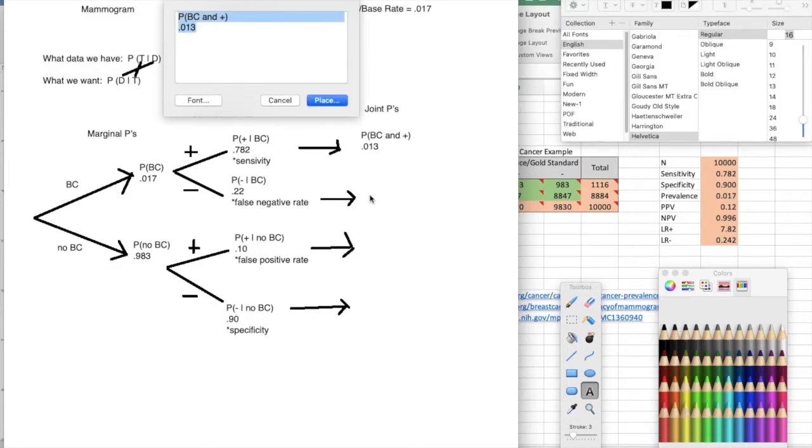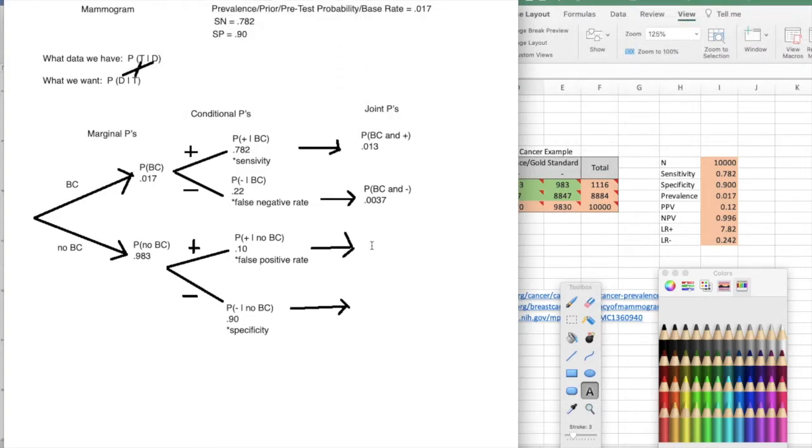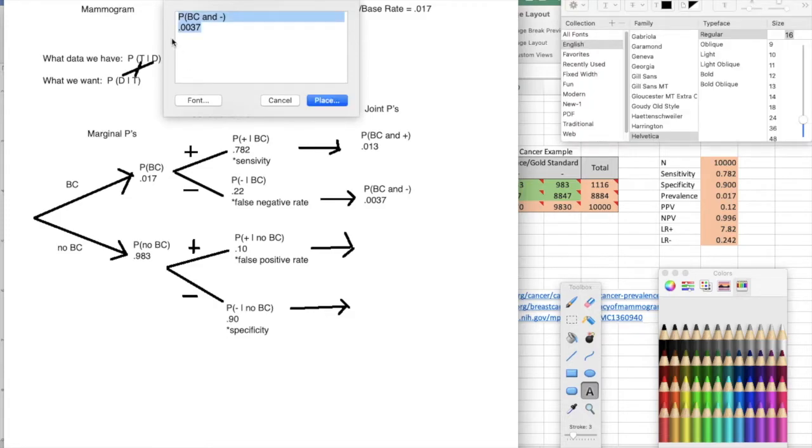Promise we're getting somewhere. The probability of having breast cancer and testing negative is the product of this number times this number, which is 0.0037. The probability of no breast cancer and testing positive, so I multiply these two numbers, is 0.0983.